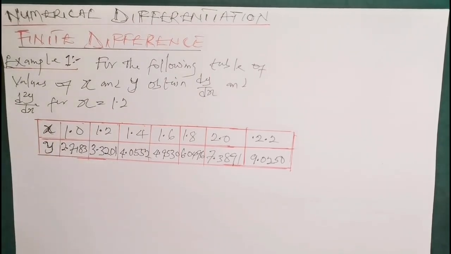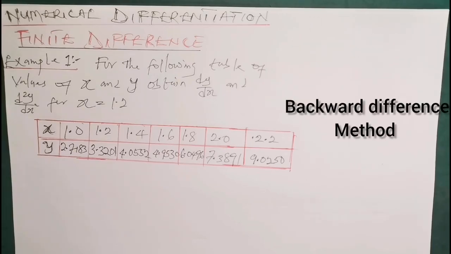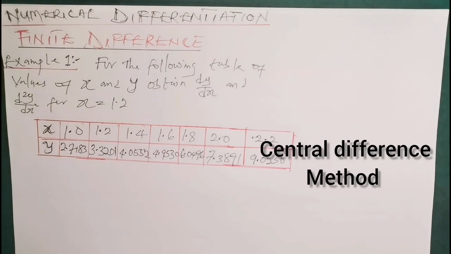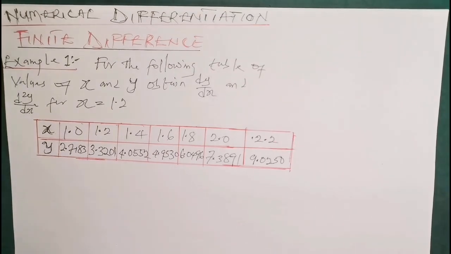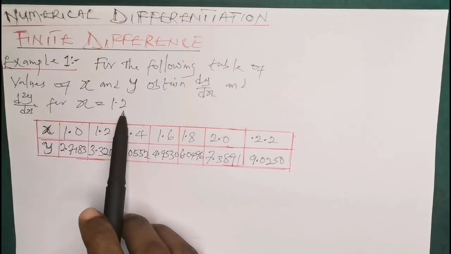So the first thing to do is to know which of the methods to use. In the previous video, I explained that we have three types of finite difference method: the forward difference method, the backward difference method, and the central difference method. Now we are asked to approximate the first derivative and the second derivative when x is equal to 1.2.